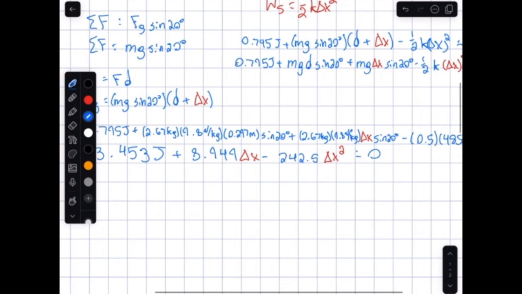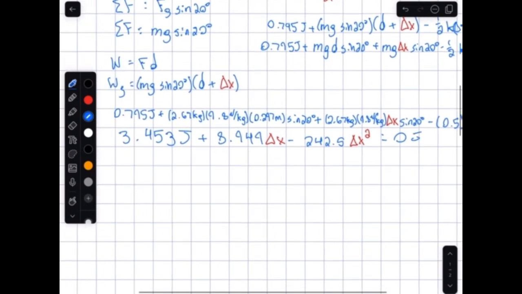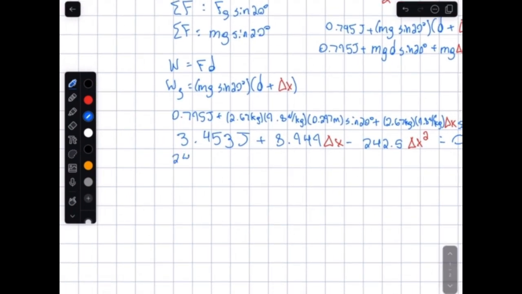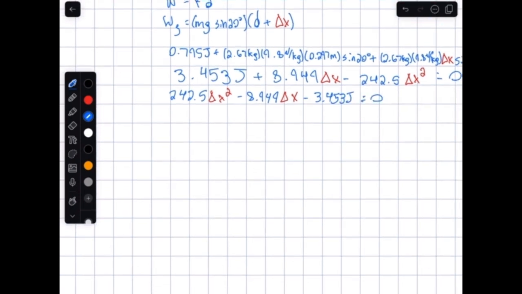I'm just going to rewrite this really quick. 0 joules. So we'll do 242.5, I'm just going to make this positive, delta x squared, minus 8.949 joules. Sorry, joules. Who cares about units? It's all a hoax. Minus 3.453 joules equals 0. Plug that into the quadratic.